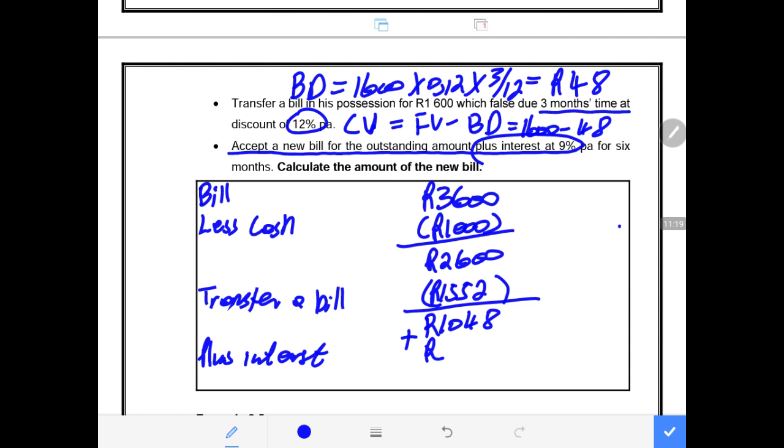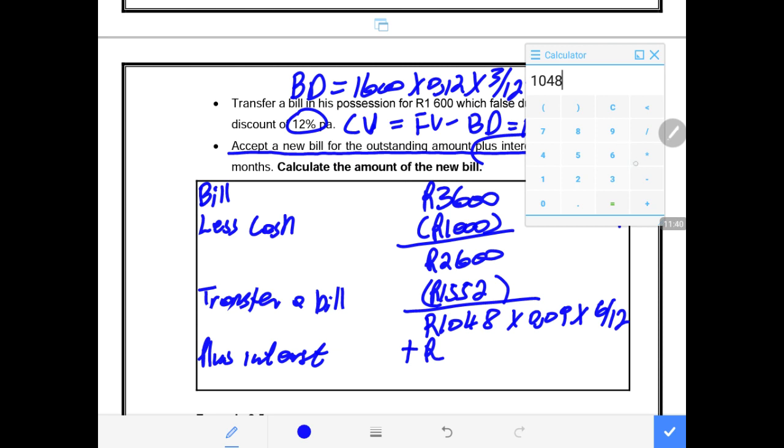So the interest that we are adding is the interest that will be calculated from the face value, or the amount that is owing. Where now we say times 0.09, because the rate of discount will be 9%, and we say times 6 months over 12 months, so that we discover how much will be the interest charged by the bank that needs to be added. Times 6 over 12, this gives us 47 rand 16 cents.